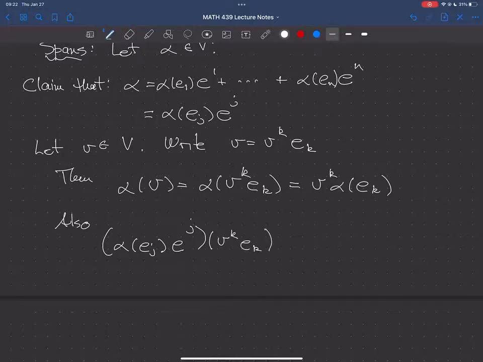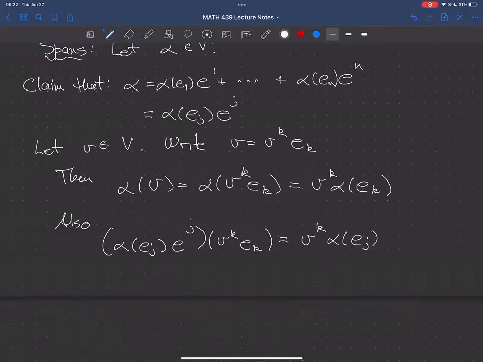Again, this is an element of V star. Elements of V star are linear, so I can pull the v^k out front. And then I'm going to get alpha of e_j.